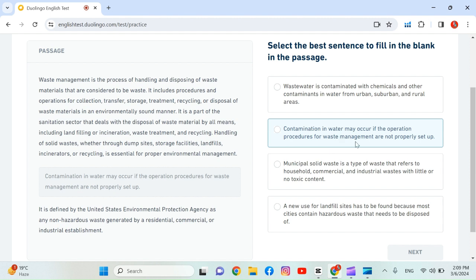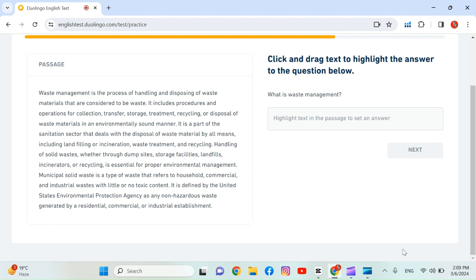Contamination in water may occur if the operation procedures for waste management are not properly set up. So I think this is the answer.